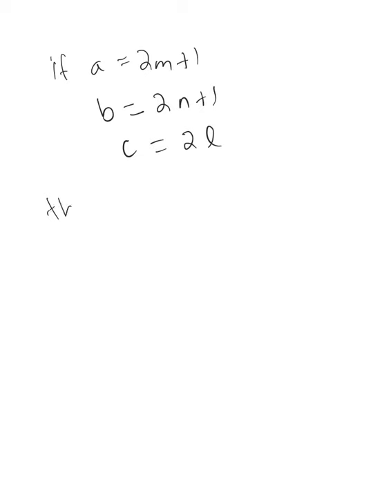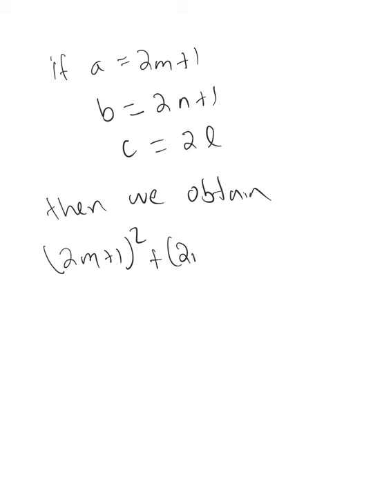So again, if we let A equal 2m plus 1 and B equal 2n plus 1 and C equal 2L, then we obtain the quantity 2m plus 1 squared plus the quantity 2n plus 1 squared equals the quantity 2L squared.